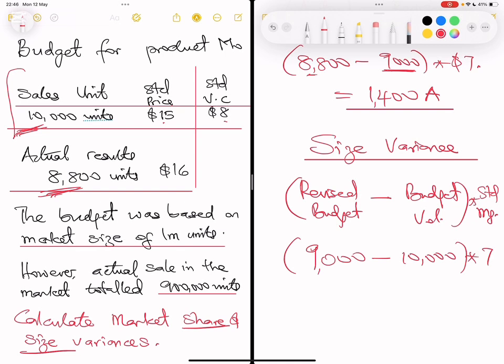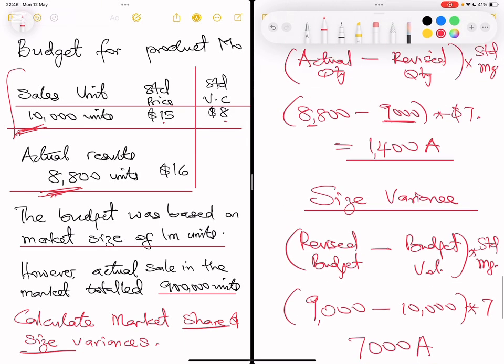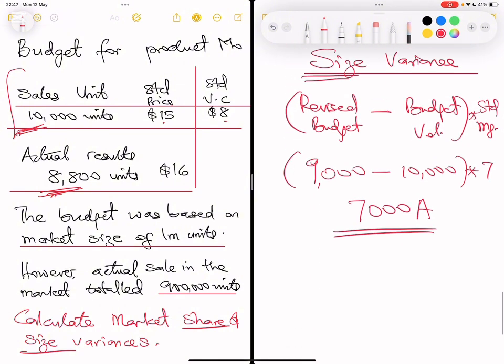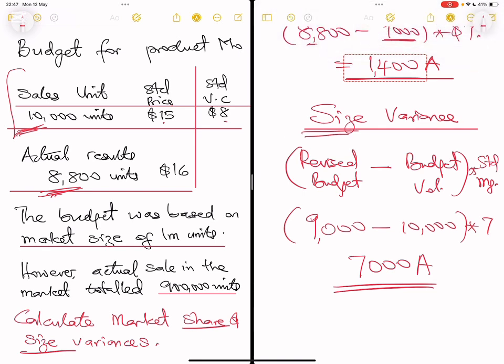You want to be able to sell more. So this is definitely going to be an adverse, because 9,000 minus 10,000 is 1,000 times 7. So that is 7,000 adverse. So both the market share and market size are both giving adverse variance.